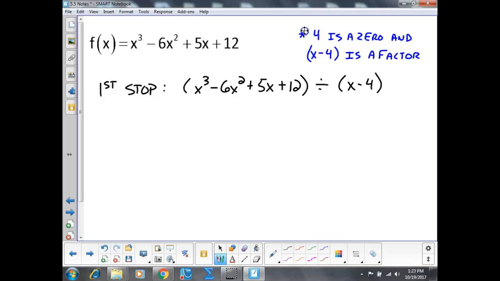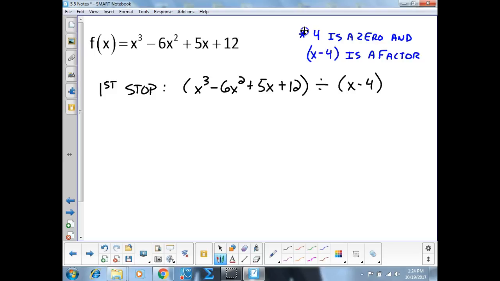Straight up divided. Divide those 2 polynomials. That's the first stop. At that first stop, you could use long division, but you could also use synthetic division.